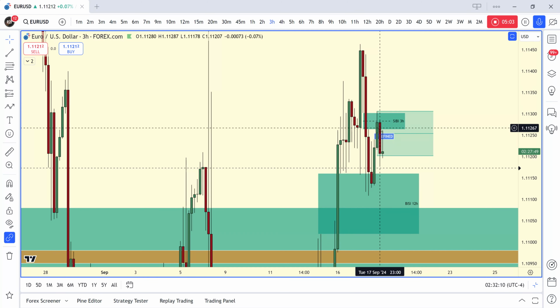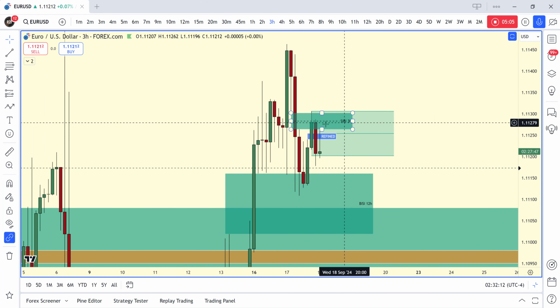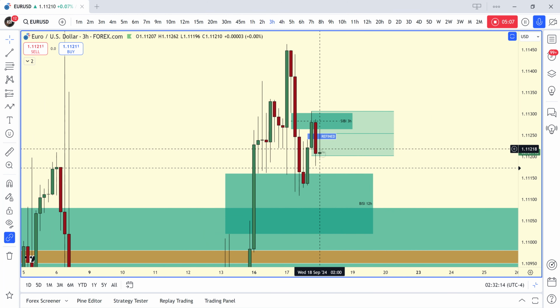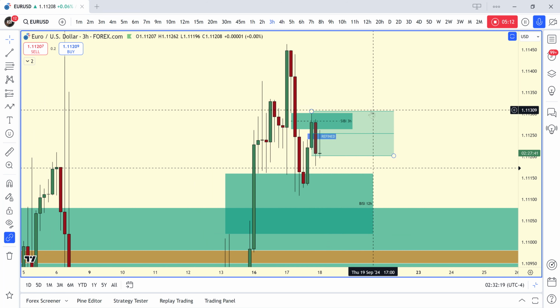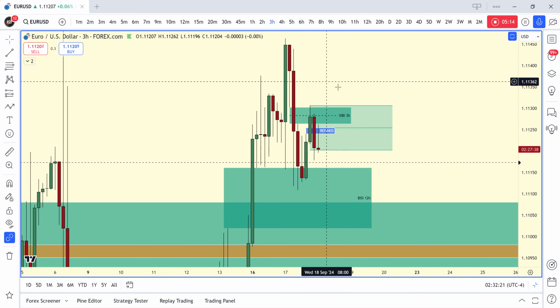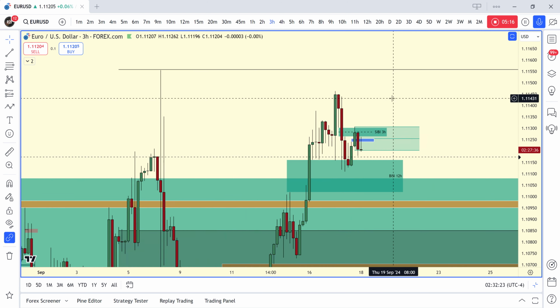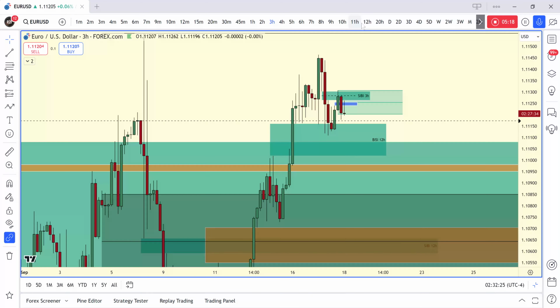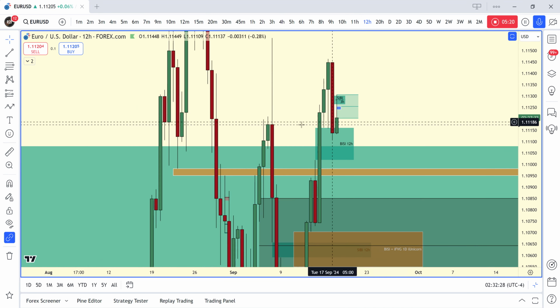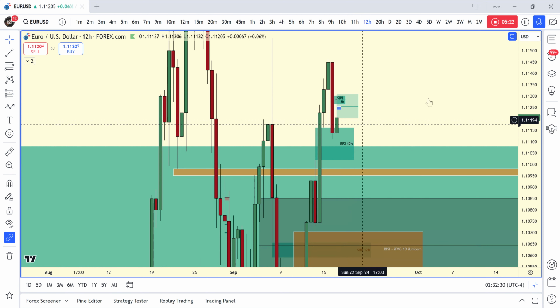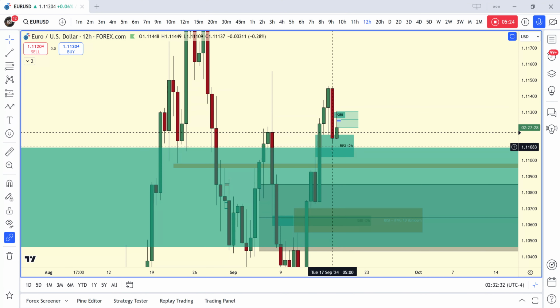Around 8 p.m. And then we started moving lower, 11 p.m. And now 2 a.m. Okay, key time for London Open. Potentially move lower, right? Because, okay, let's go back here. We had this 12-hour gap. Quite an expansion lower.